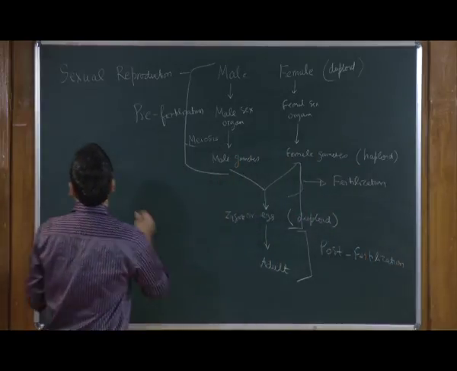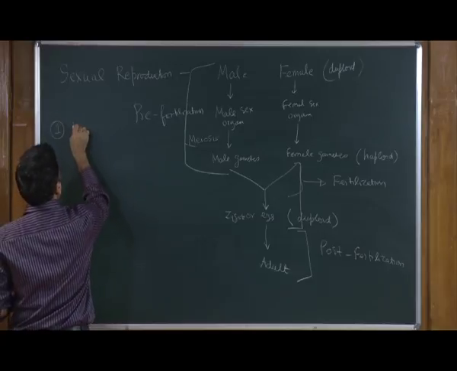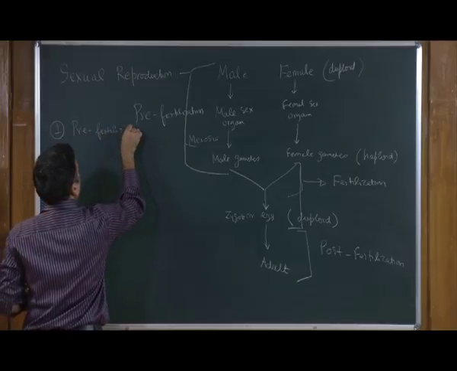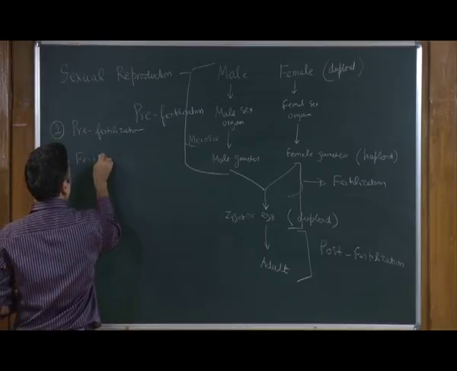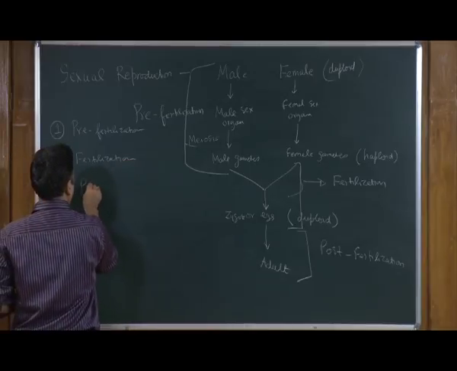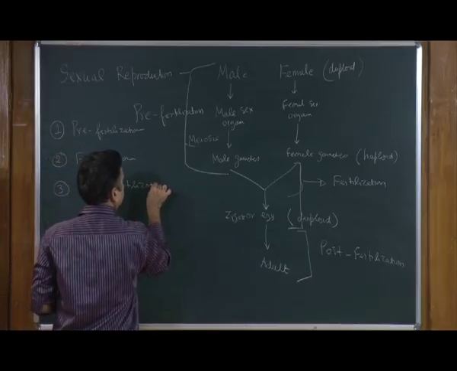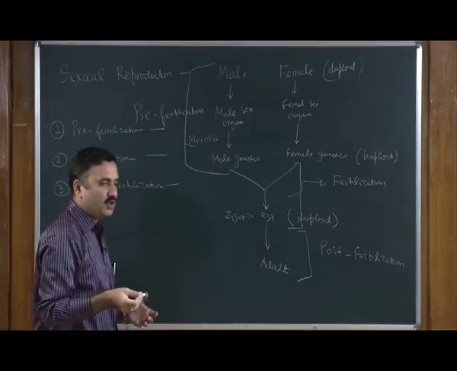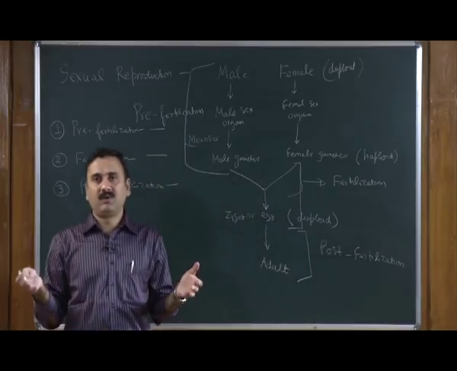So, if I summarize, in sexual reproduction you have three phases: first the pre-fertilization stage, second the fertilization, and third the post-fertilization. Every phase has a distinct function in controlling the process.